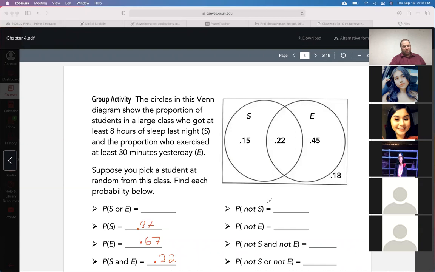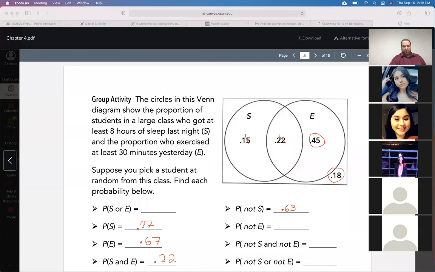Would it be 0.63? Oh, okay. So it is 0.63. Can you explain why? Because you add the 45, which is on E, and the 18, which is on the bottom, which gives you 0.63. Not S, not S, S, S. So not S would be 0.63.